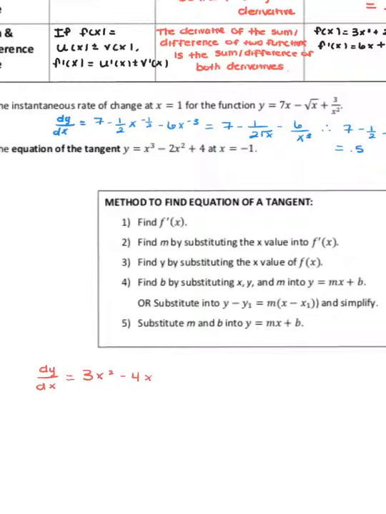And now it says find m by substituting the value into f prime x. Substituting the x value into f prime x. So in other words, find that instantaneous rate of change. So I'm going to plug into f prime x the x value, which is -1.